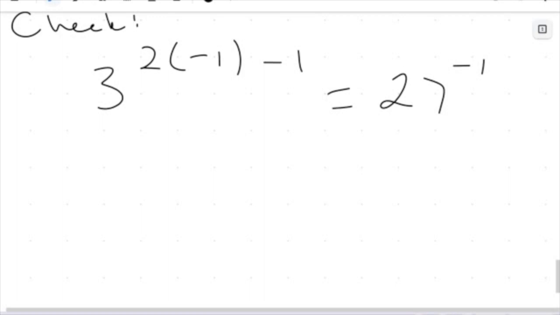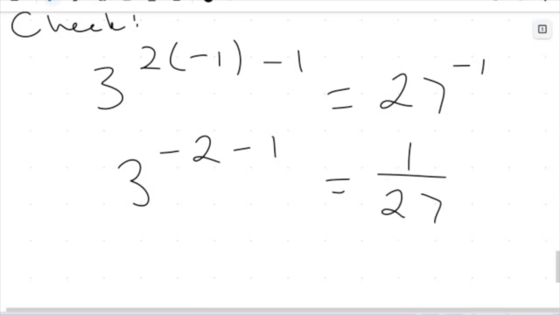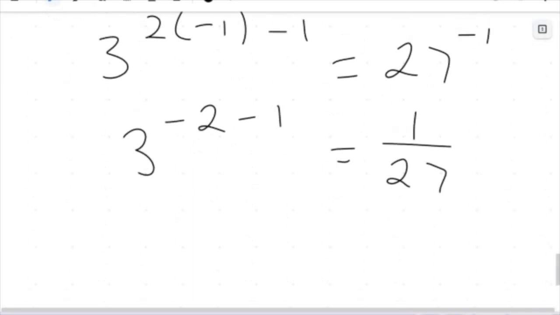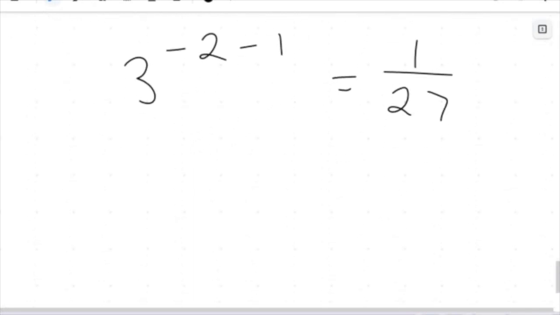Okay, so on the left, I have 2 times minus 1 gives me minus 2. So 3 to the power of minus 2 minus 1 equals to, well, 27 to the power of negative 1, I can write as 1 over 27 using what I know about negative indices. And here I get 3 to the power of negative 2 minus 1. That gives me 3 to the power of negative 3.